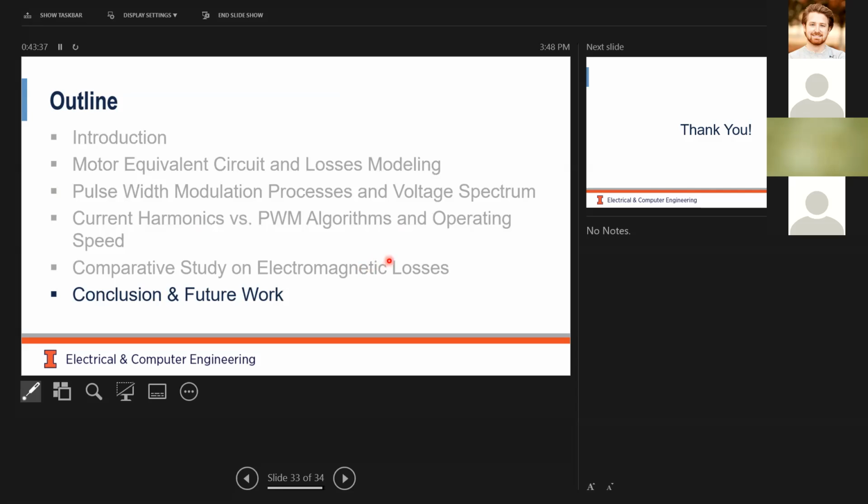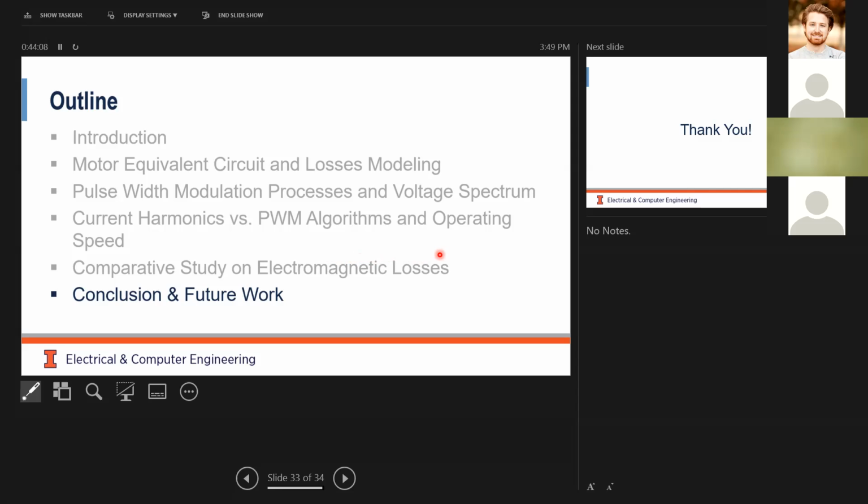And with these two modeling methods, we can calculate the current harmonics and the electromagnetic losses. And we show that for different algorithms, we can have different current harmonics and losses. So they have their pros and cons.